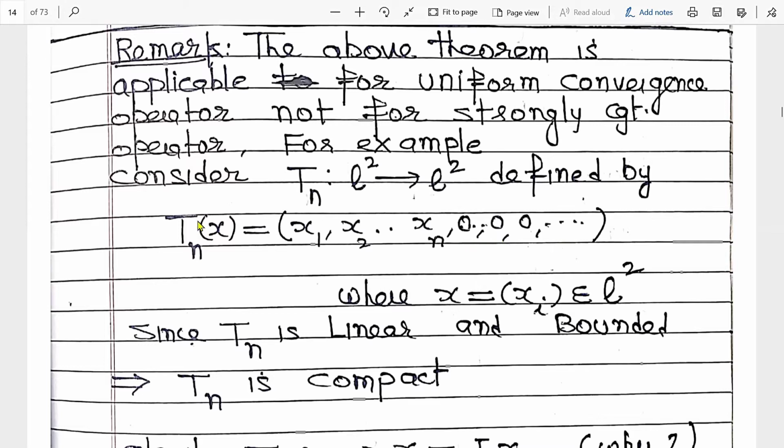For example, T1 x is x1, 0, 0, 0 and so on. T2 x is x1, x2 and the other terms are 0. Similarly, for Tn x, x1, x2 up to the nth term are non-zero and the other terms are 0, where x equals (xi) belongs to l squared. So l squared consists of sequences.